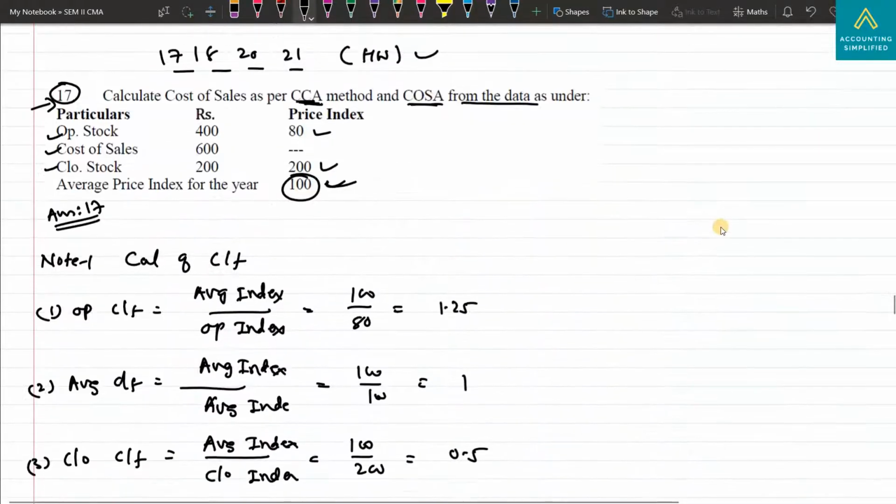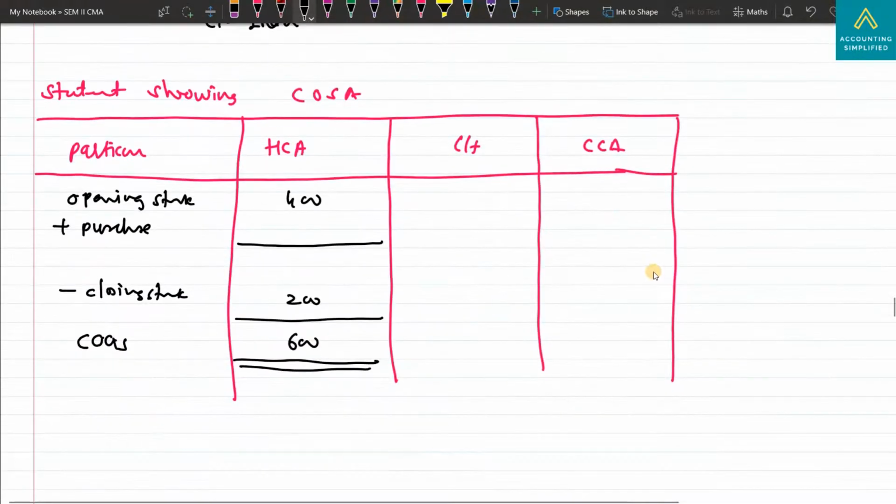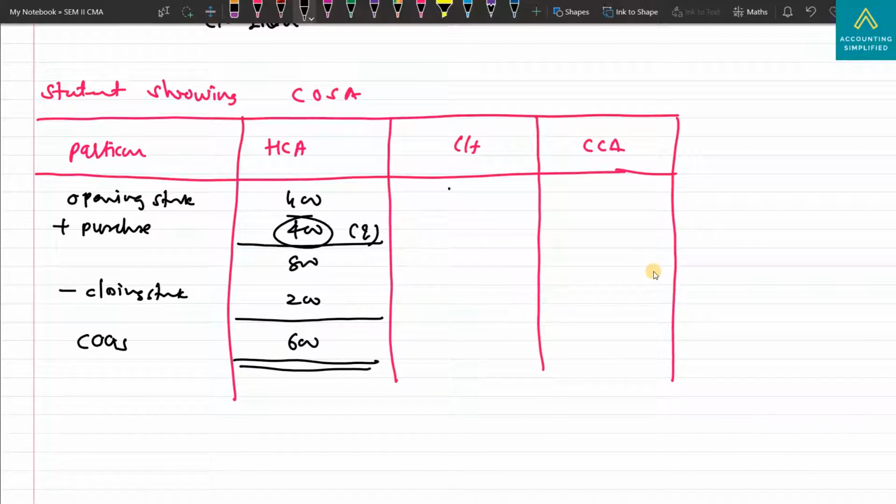You can check it here also, right? 600 is cost of sales, cost of goods sold. So this is minus, so we will add 200, so this is 800 and the difference is 400. This we have found out, right? Now conversion factor, opening conversion factor will be applied to opening stock.